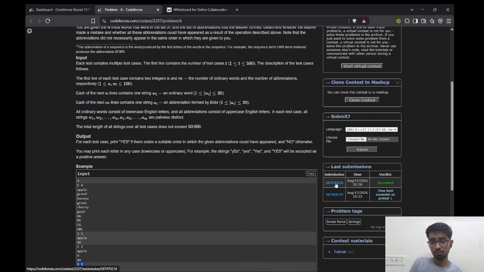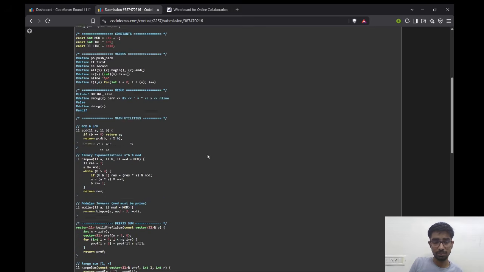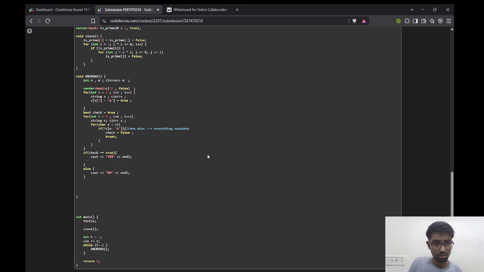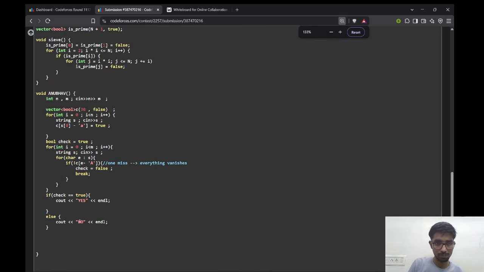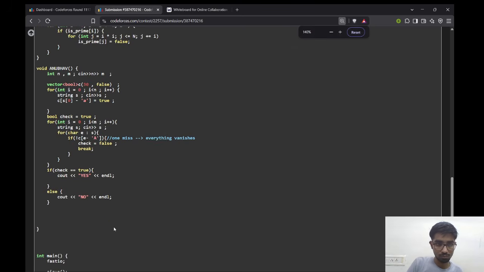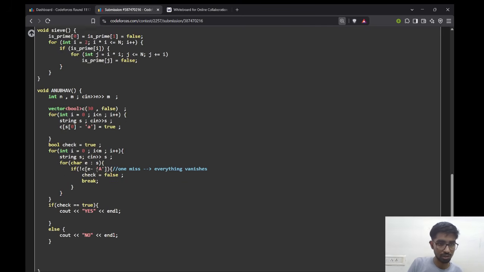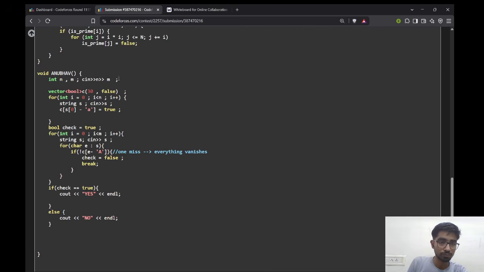So here is the implementation. This part. Here we are taking the inputs and here we are creating a bool vector. You can also store it in a set, as I have already told.